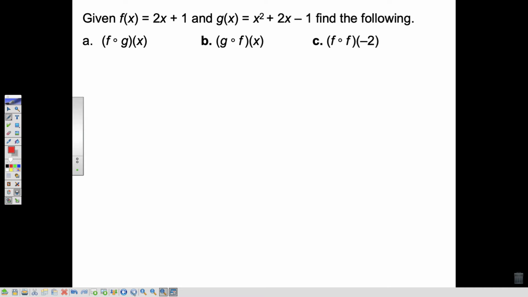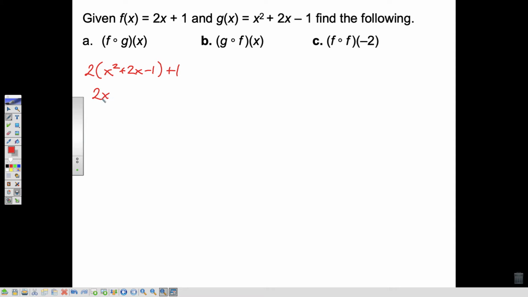So, 2 times what? 3 times x squared plus 2x minus 1. Plus 1. So then what do I have to do? 2 times everything inside. Okay, I have to multiply everything by 2.